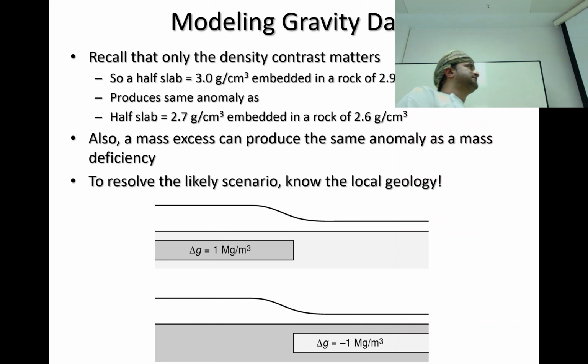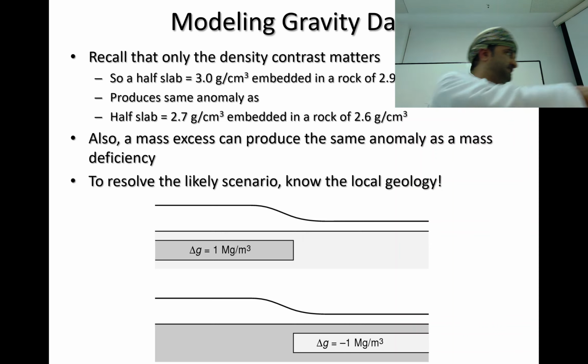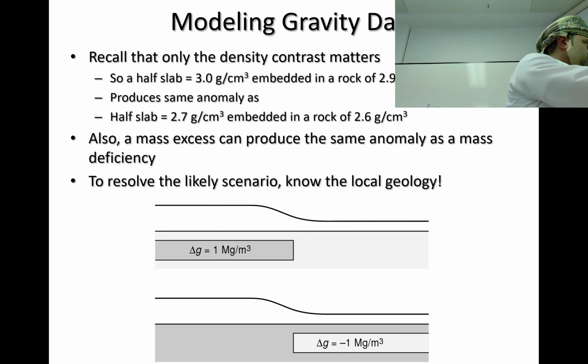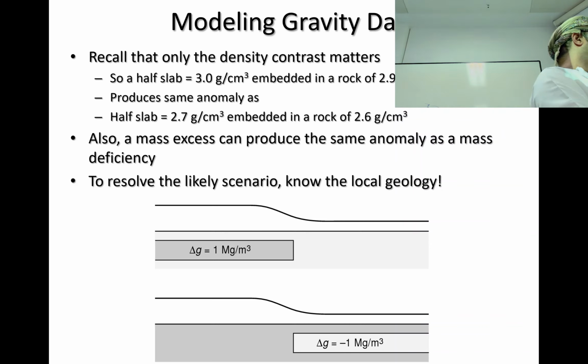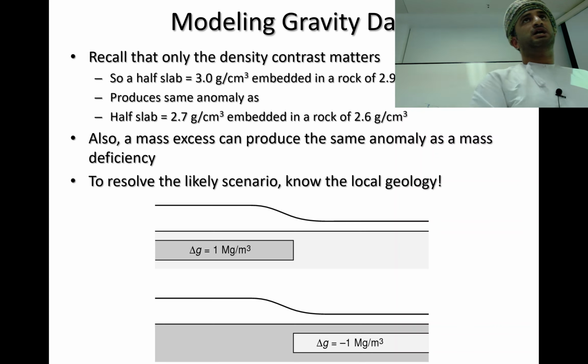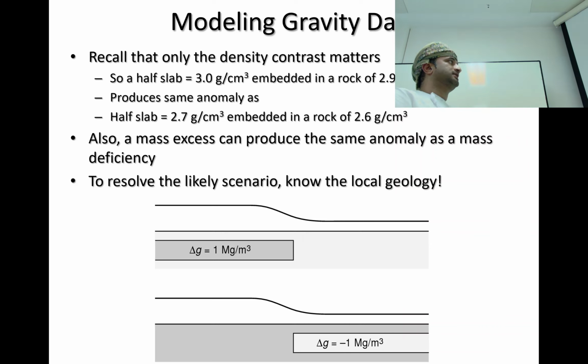So this is another kind of modeling. This is a complication, as we see. These two models are producing the same data. Here, either I have an increase in density on one side or a decrease on the other side, I get the same anomaly.